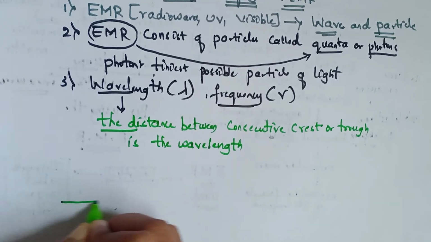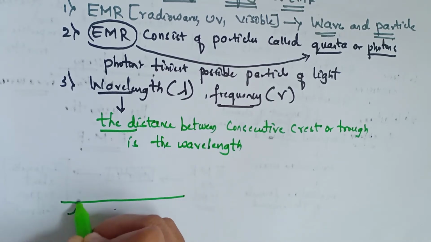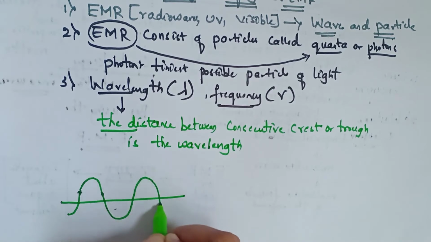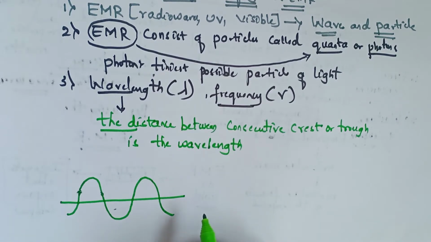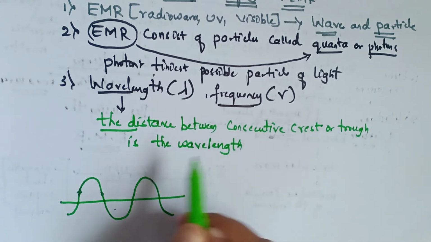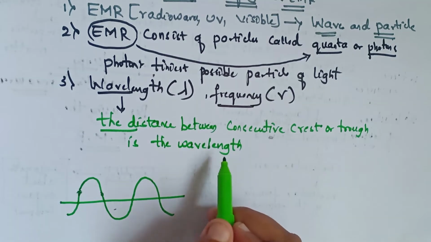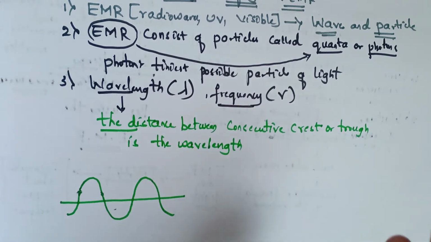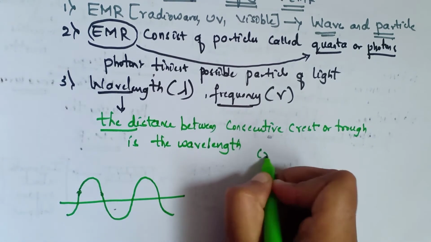So, it is a wave here. Now, according to the definition of wavelength, the distance between the consecutive crest or trough is the wavelength. Here, crest means the maximum value of upward displacement, whereas trough is exactly the opposite of the crest.